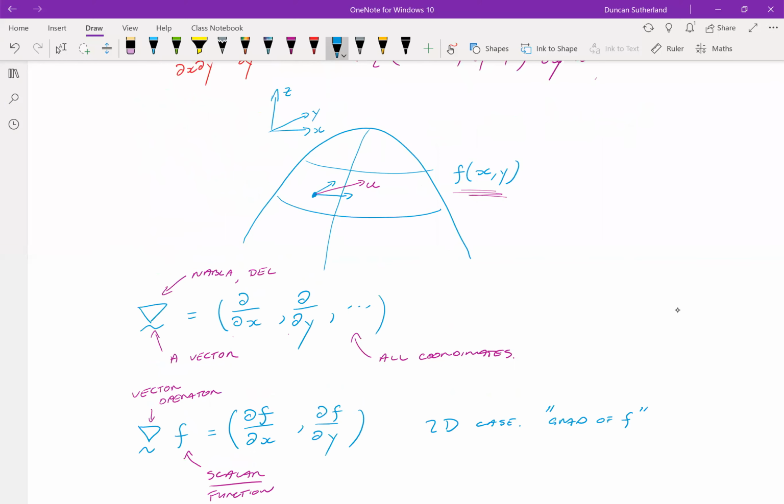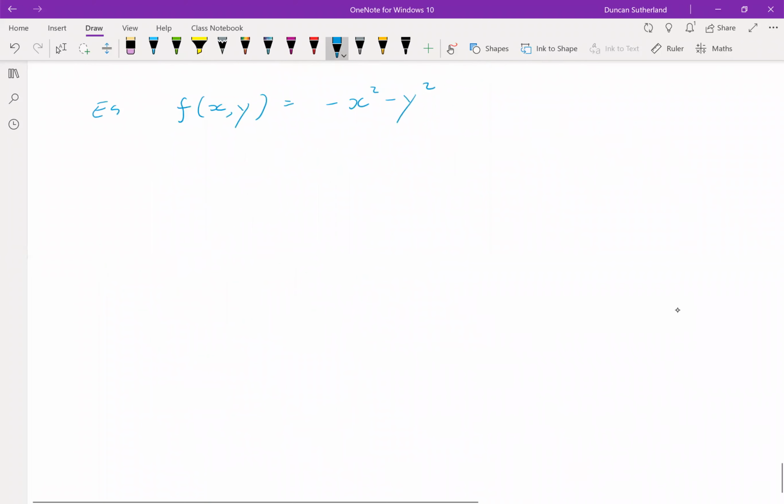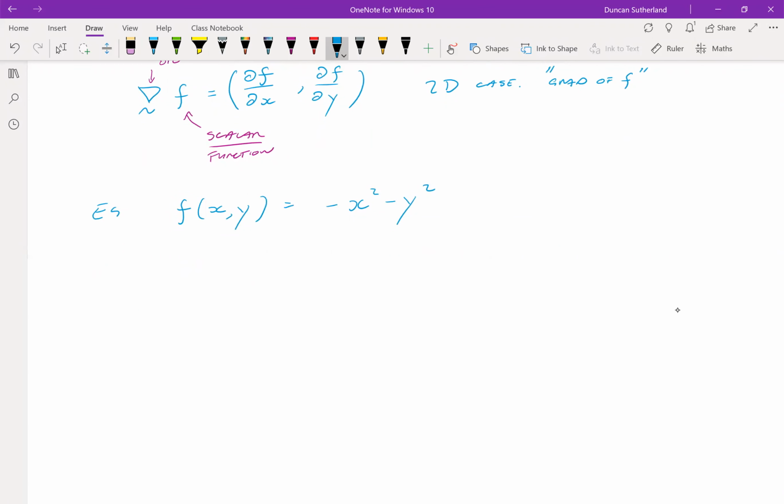We've got essentially a paraboloid here, it's upside down. So let's roll with this as our function. The grad of our function is then df dx. Y is a constant, so that gives us minus 2x.